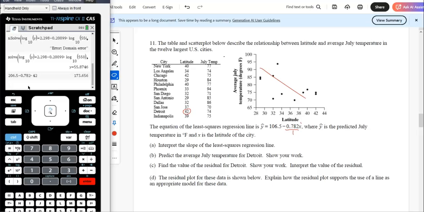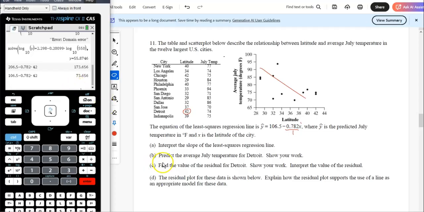Wait, that seems weird. Okay, so let me see. So 206.1. I see the error. That's too high a temperature, doesn't make sense. So 73.656 sounds about right, is what we predict. And we want to show that work that I just did on the calculator.